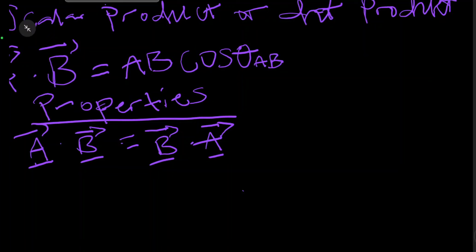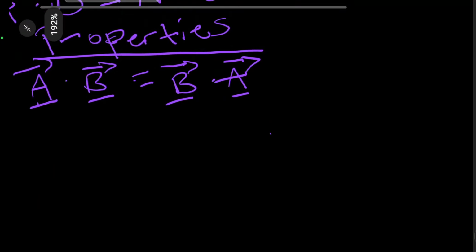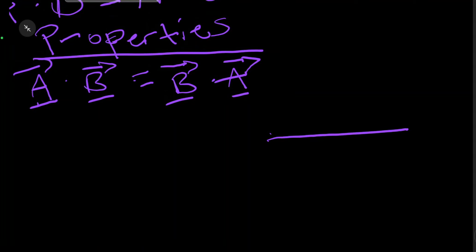And another property that we have is that when two vectors are perpendicular, the angle between them is 90 degrees. We all know what a right angle is. Let's say we have our base here, and this is at 90 degrees.